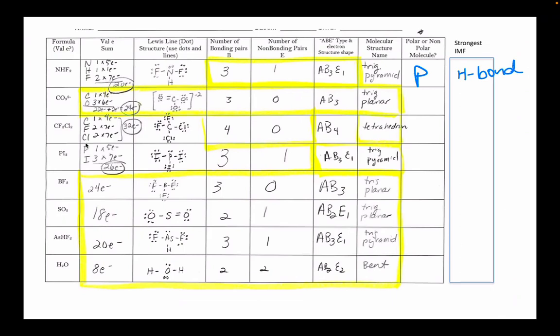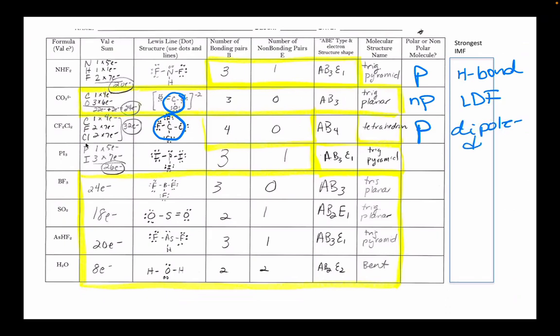Next one, remember trig planar, they're all the same element. It's going to be nonpolar, so this is only going to have LDF, London dispersion. Next one, this is polar, and there's no hydrogen bonded directly to NOF, so this is going to be dipole-dipole.